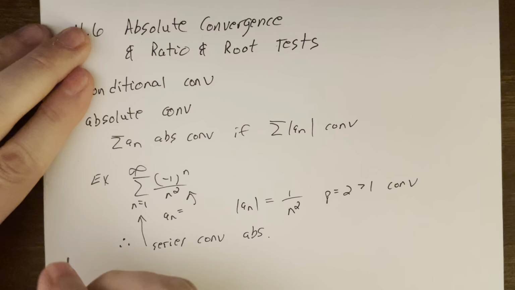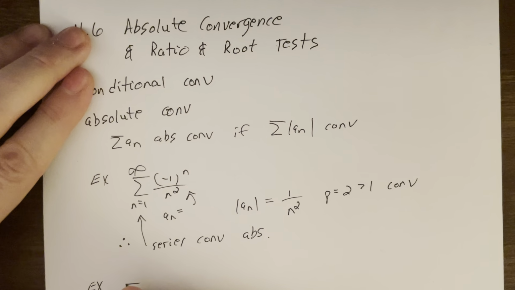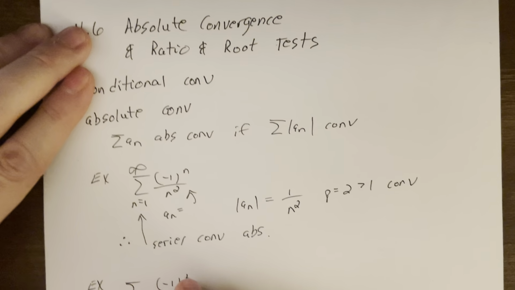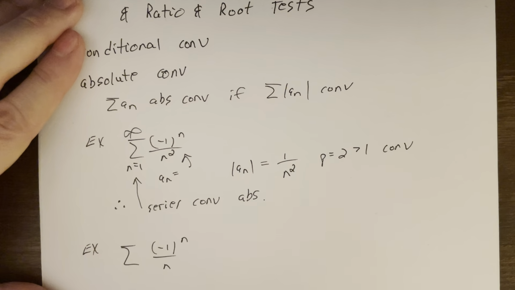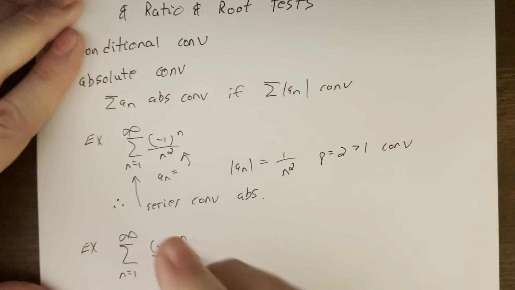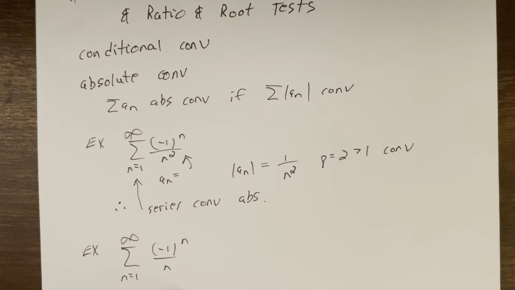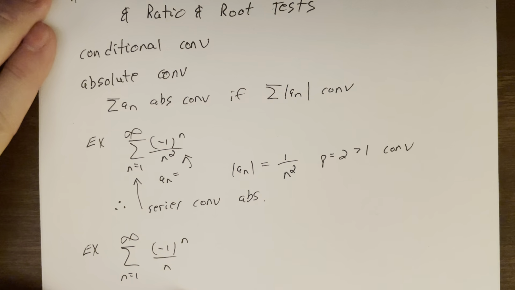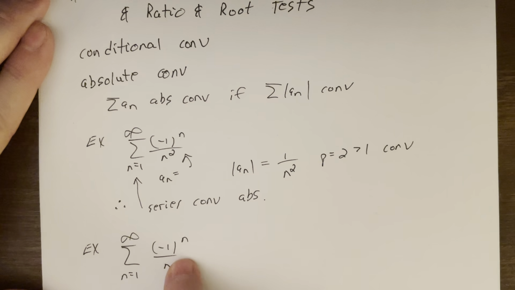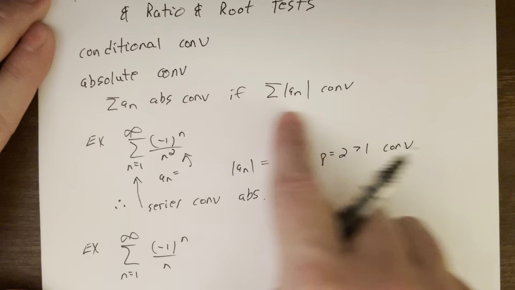But to show you a secondary example where that does not work, just switch the n squared to a plain old n. Now again, these don't always have to be alternating series. These are just two examples to distinguish between these two different types of convergence. Because if I try the same technique here, and that's what some people misunderstand, the logic has to be perfect.